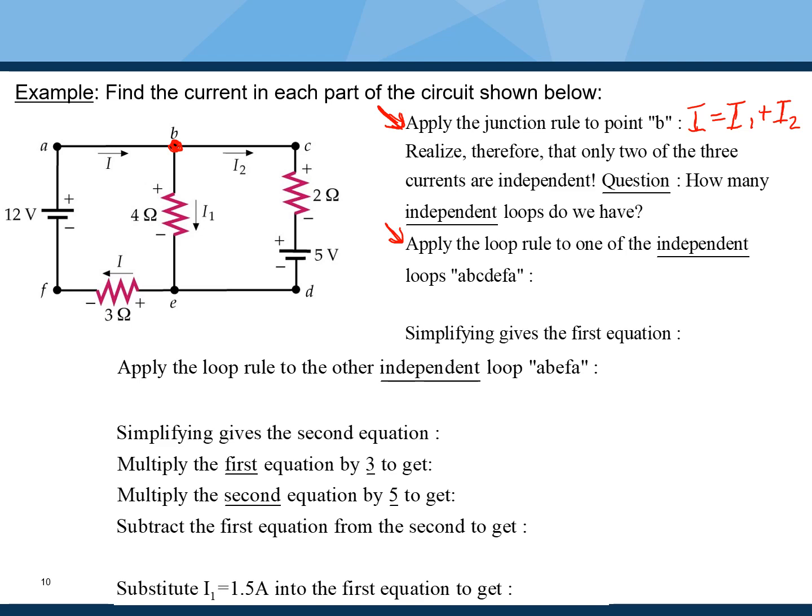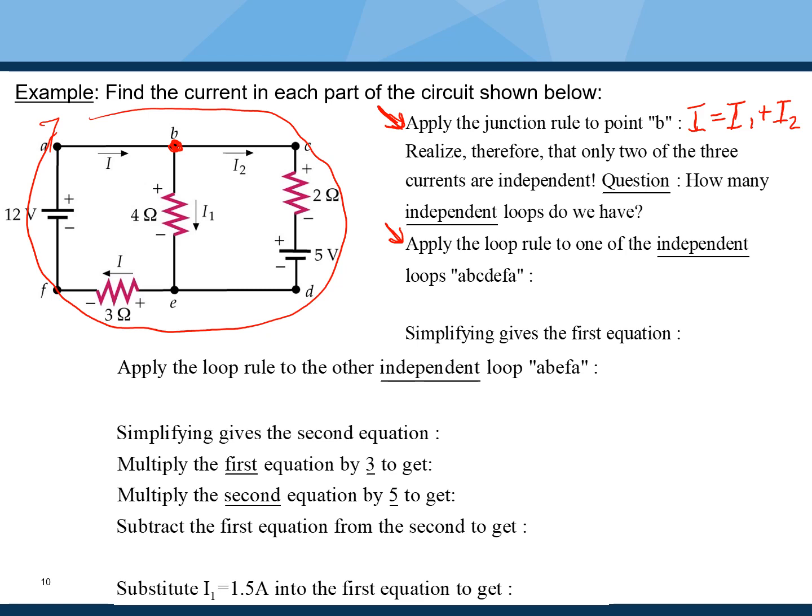So the second strategy is telling us to go ahead and consider the loop A, B, C, D, E, F, A. In other words, go around the outermost loop in the circuit, going kind of like this all the way around, and ask yourself what voltage changes you have as you traverse this loop.